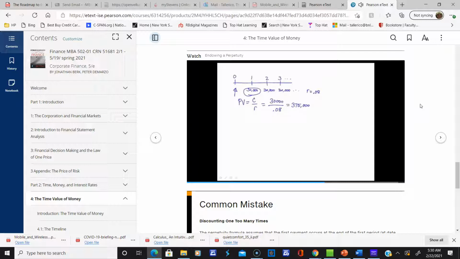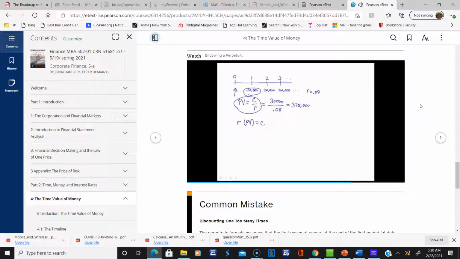Now, how is it that you can start with a finite amount of money today and yet generate money forever for this party? It comes from thinking about what this formula is really telling you. If I rearrange this formula, I have that R times the present value equals C. What is that saying?